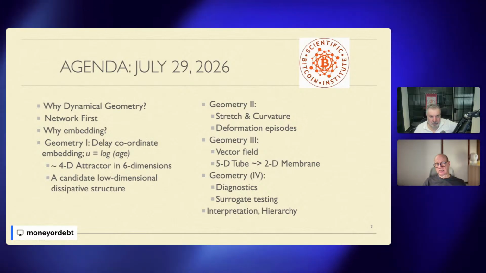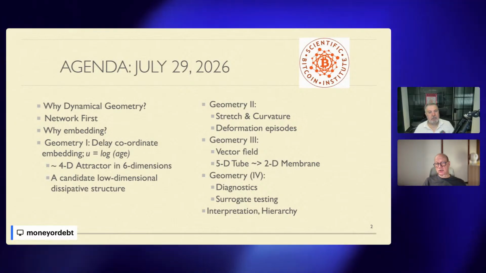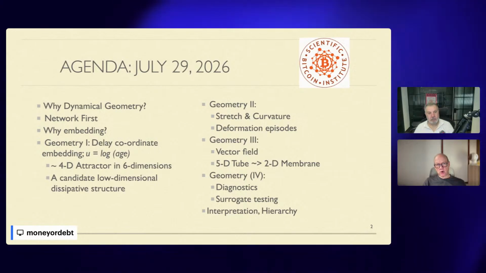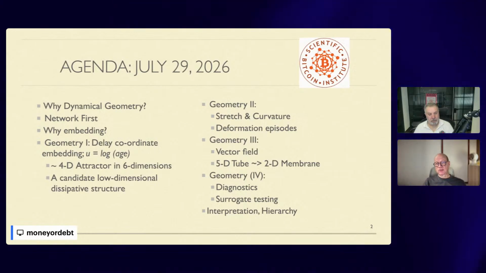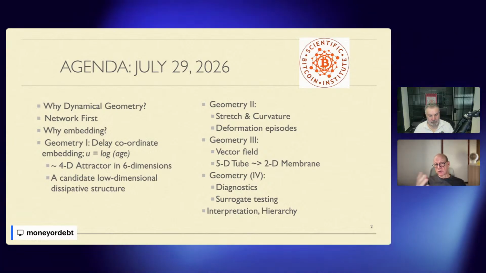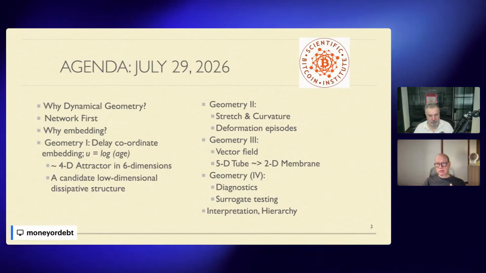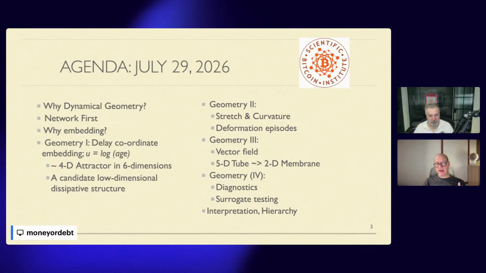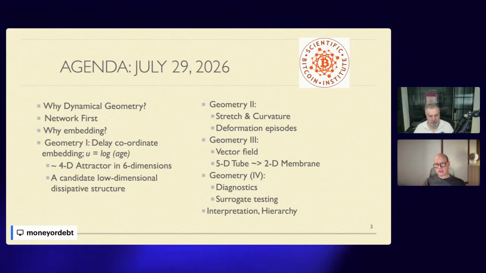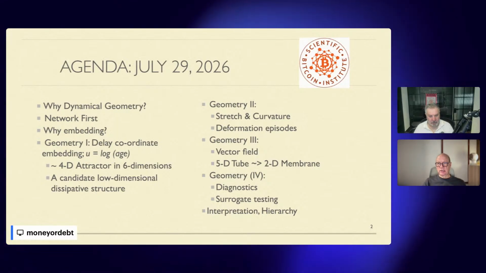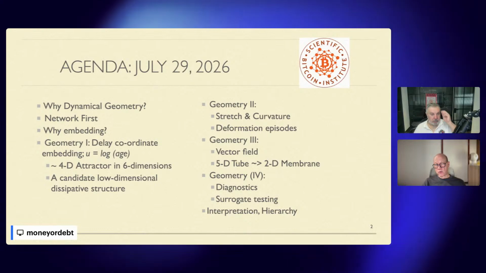Dissipative means that it tends to return to some core behavior, which we know the core behavior is the power law in terms of the price trajectory, but there's also the other core behavior in the network. And the second one was about looking at some of the measures of how the geometry changes with time, how it stretches, how it curves, how it deforms.